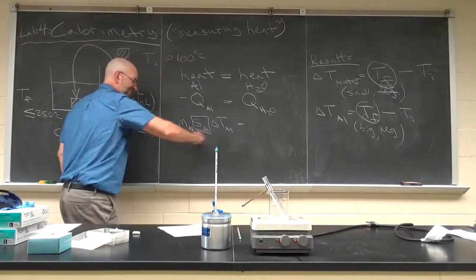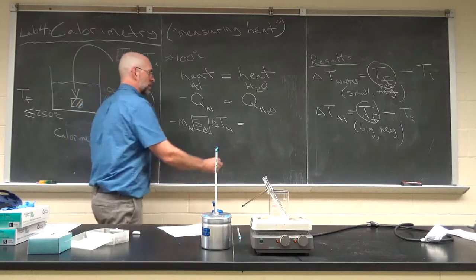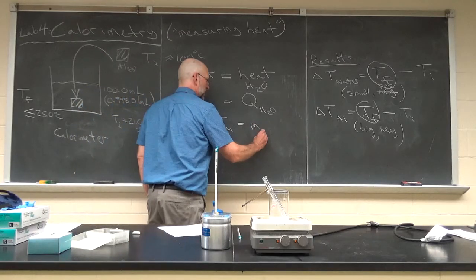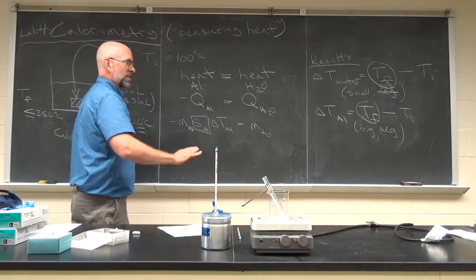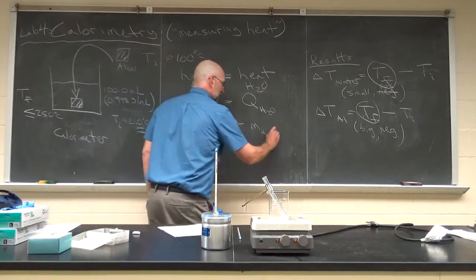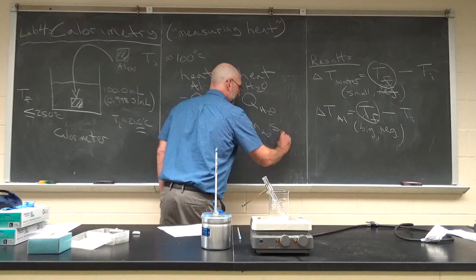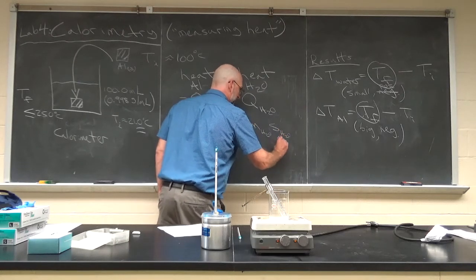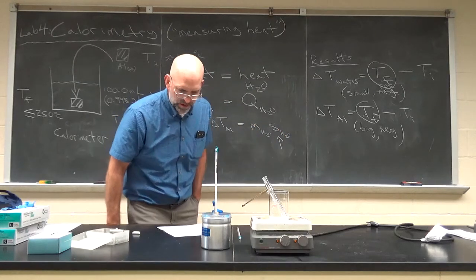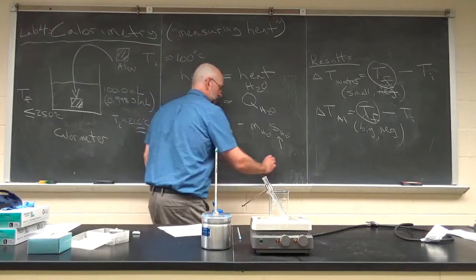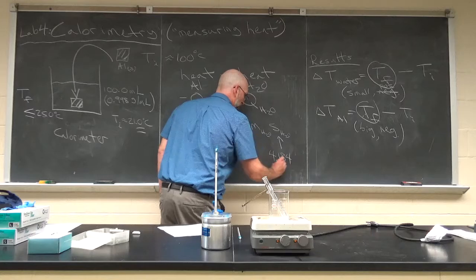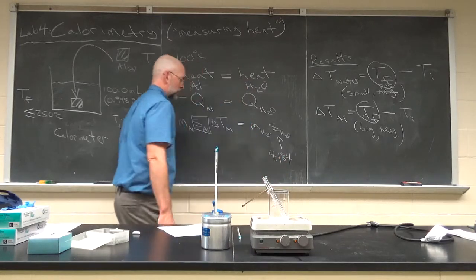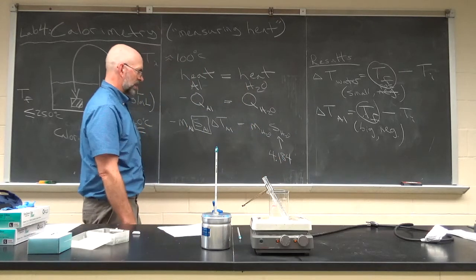Equals all of that stuff for water. So the mass of the water, which you already calculated, the mass, so not the volume, the mass, times the specific heat capacity for water, which you are given a value for, 4.184. And this has units that are really important.